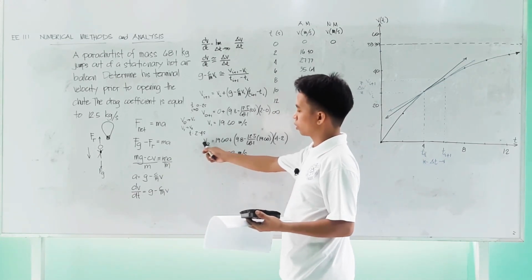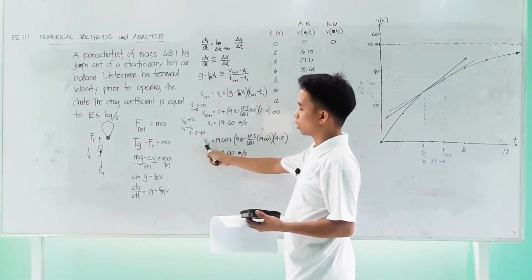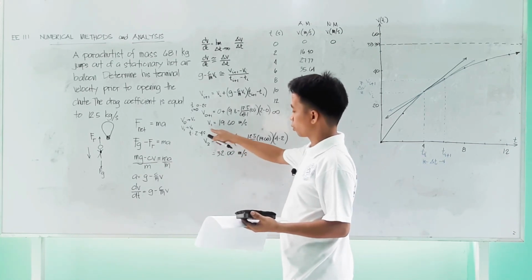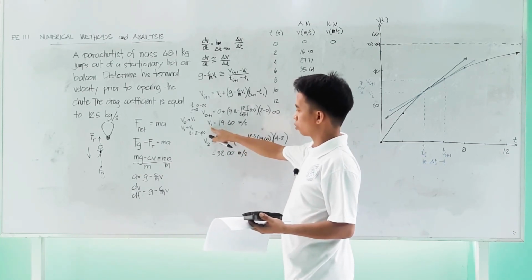This is our approximate velocity at time equal to 4 seconds. This will be our approximate velocity at time equal to 2 seconds.